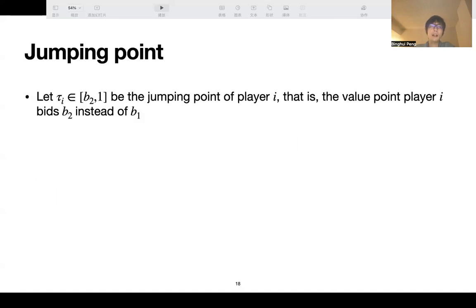Now let tau i be the jumping point of player i, such that at the value tau i, player i bids B2 instead of B1. Because the strategy is monotone, tau i has a one-to-one correspondence with Pi1 and Pi2.